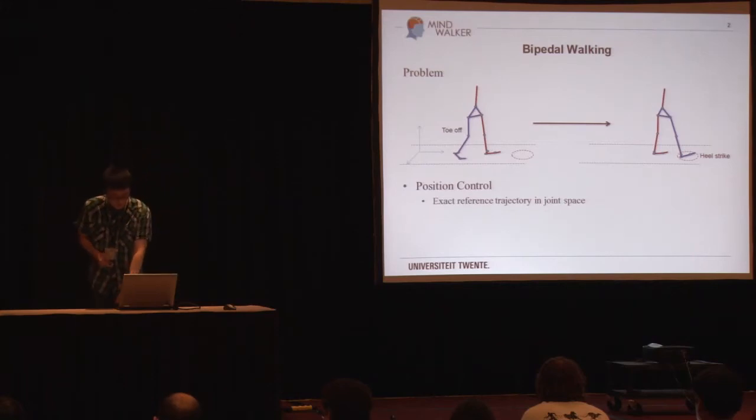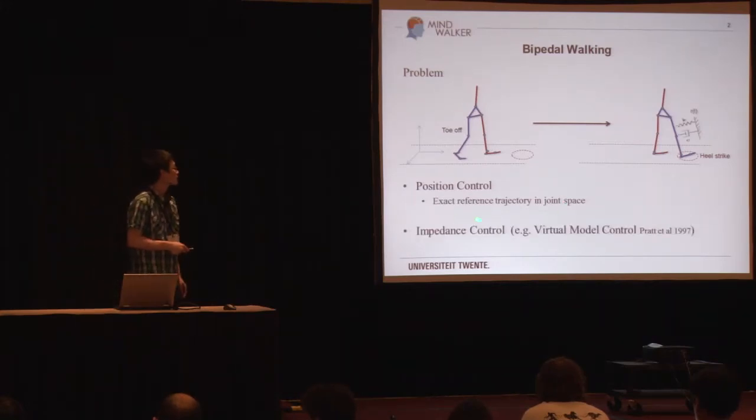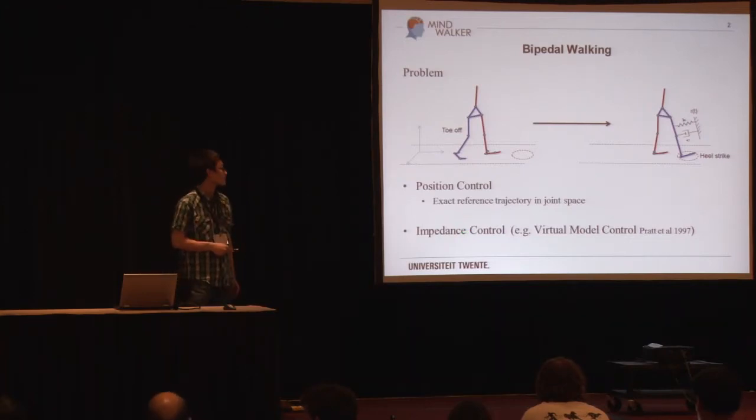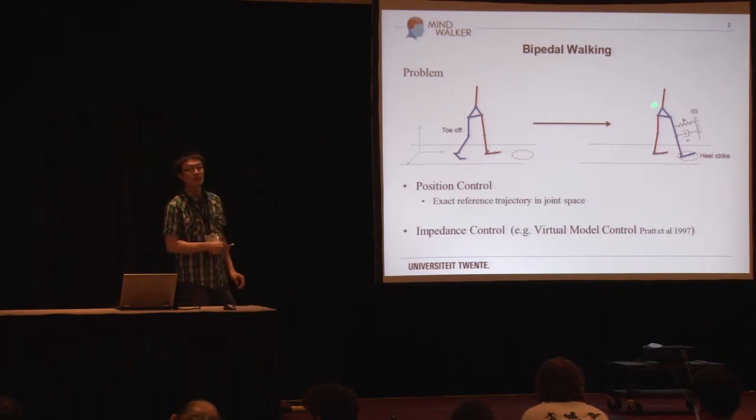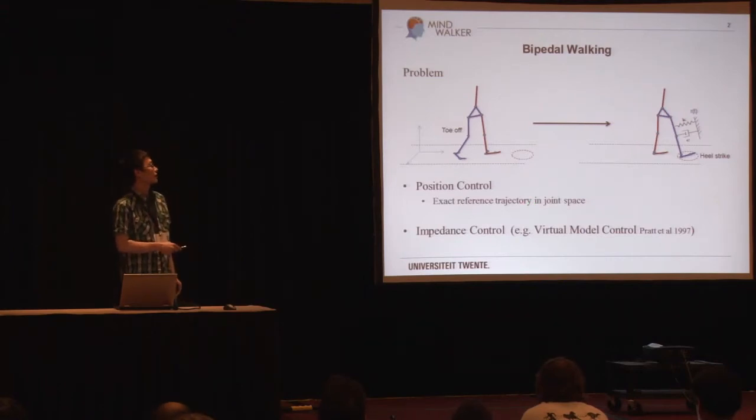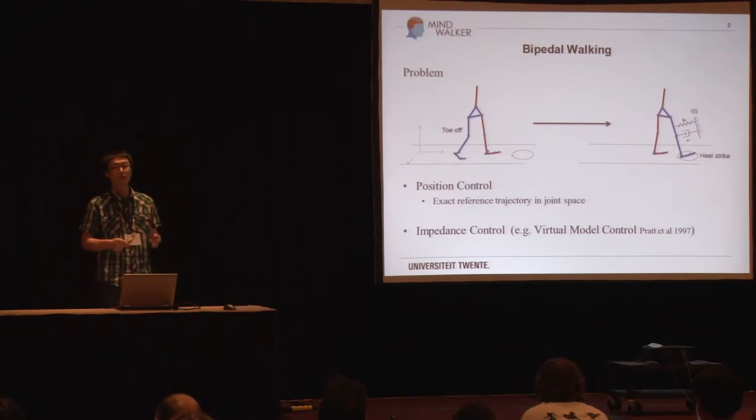Then we can use a softer method with lower impedance control, such as virtual model control. For such a method, we consider the local dynamics, and we try to push the legs, and we put a spring here.